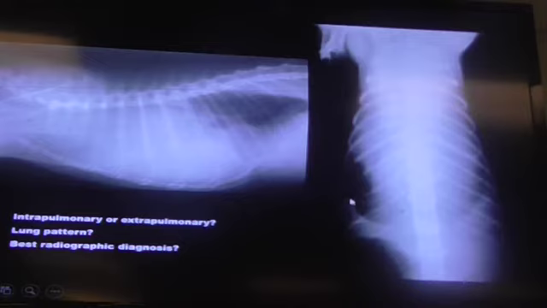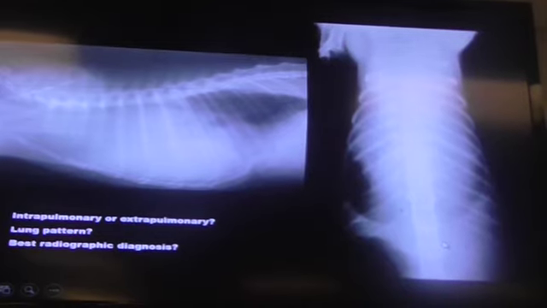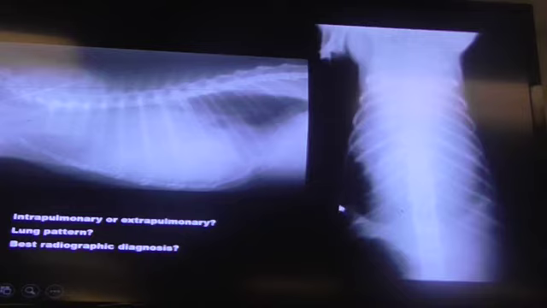Oops, sorry, wrong radiographs. All right, so what about this? What do you see out here? What's this? Way up here? Okay, so these are borders of the lungs.